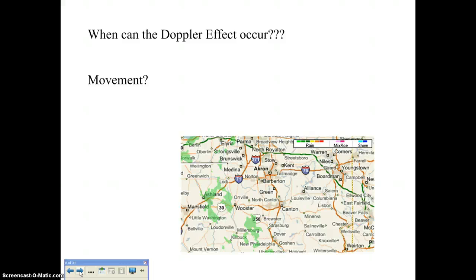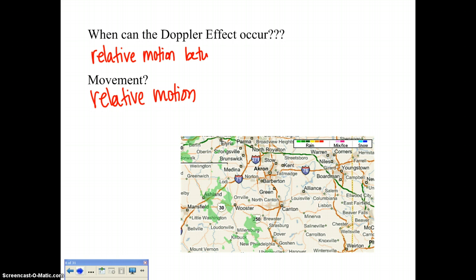The Doppler effect can occur whenever there is relative motion between the source of waves and an observer. Relative motion is the movement, so right here is relative motion between the observer and, I'm just going to call it, the sound source.